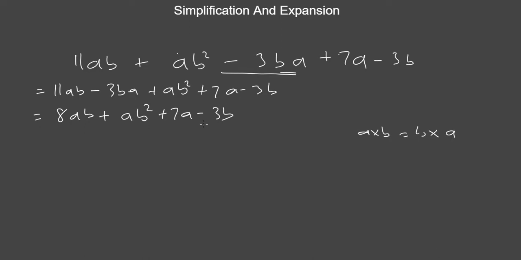Now let's talk about expansion. How do you expand an expression? So let's say you have 2 into brackets xy plus x minus y, and you are asked to expand. How do you go about this? Expansion just involves multiplying whatever you have outside the bracket to everything you have in the bracket.